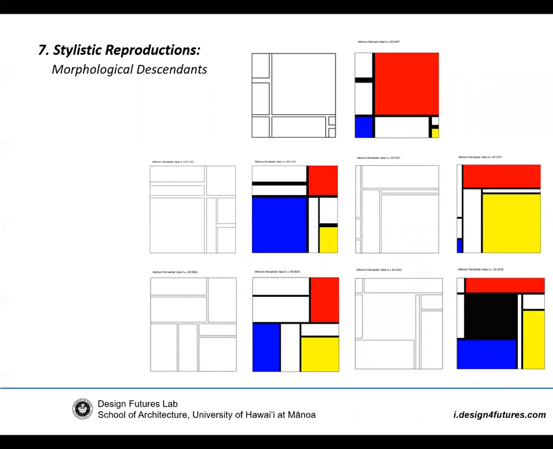The second approach allows a user to generate the stylistic reproductions of the original painting as its morphological descendants by performing a guided optimization. With this approach, various morphological transformations with maximizing the proportionality values embedded in the formal structure of the painting have been generated, as you see on the screen.